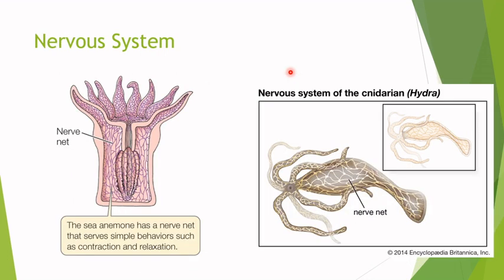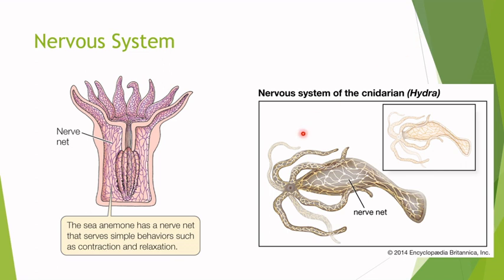Right, the nervous system. The nervous system, as I said before, is going to be in charge of quicker and more complex signals. In the case of the invertebrates, except the sponges that don't have a nervous system, the rest of the invertebrates have a nervous system. There are three basic types.